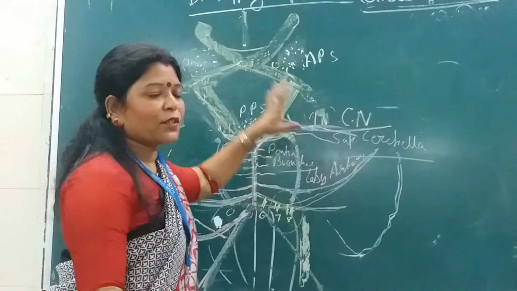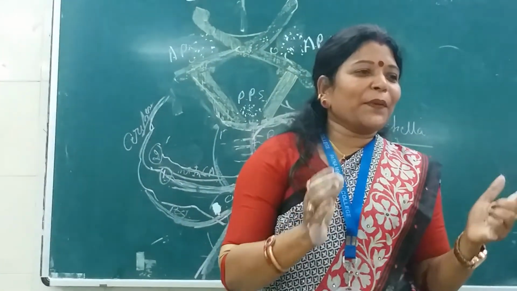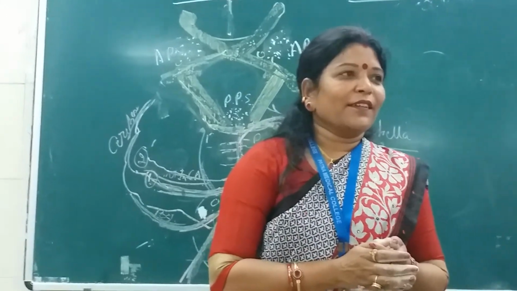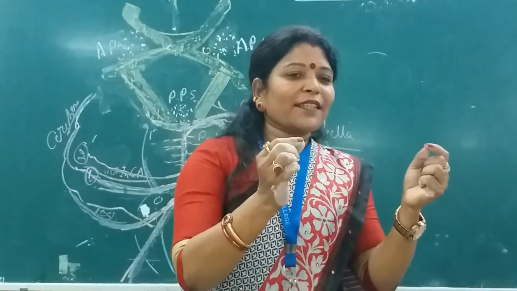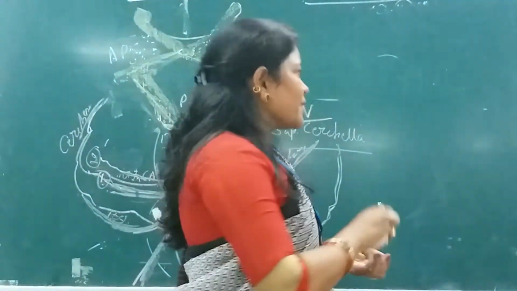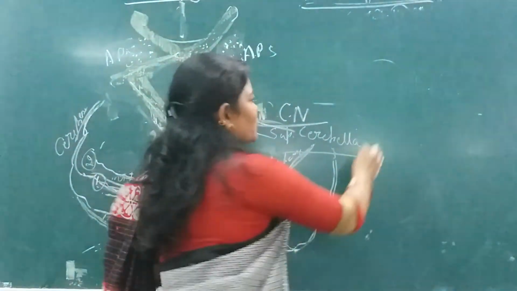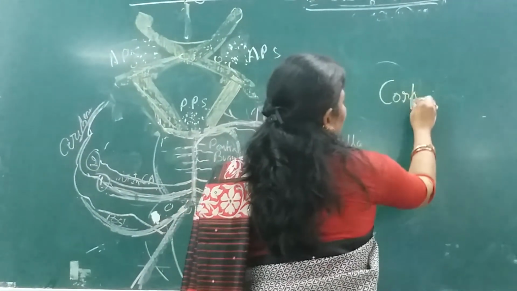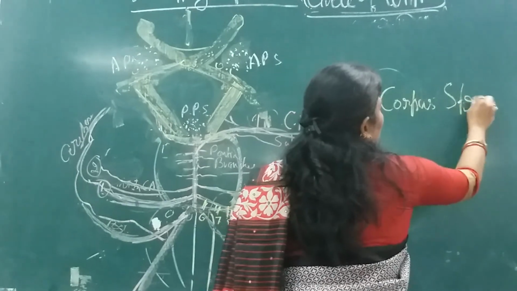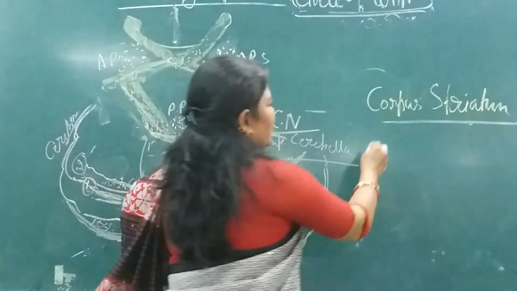What are the examples of the deeper structures? Anyone? What are the deeper structures inside the brain? For this, the nomenclature is coming. Basal ganglia or the corpus striatum. You better use the nomenclature corpus striatum, because you get the striate branches from there. What else?